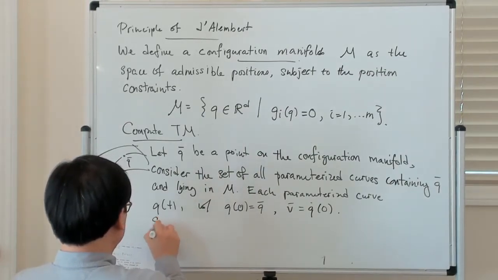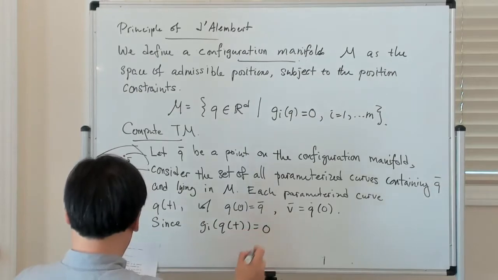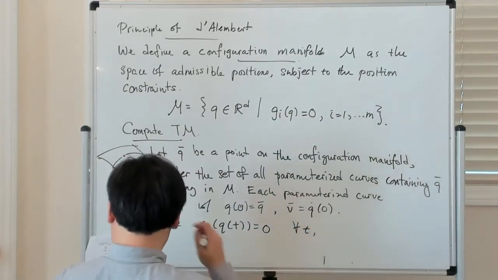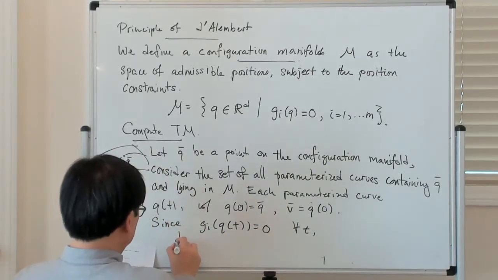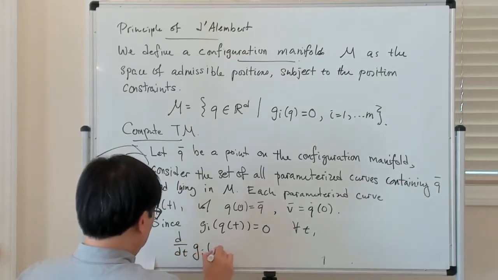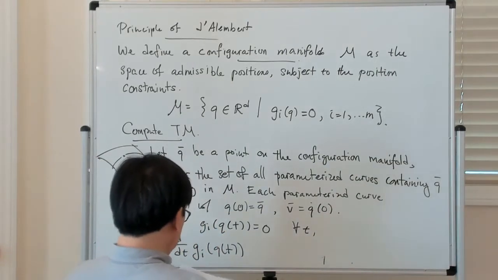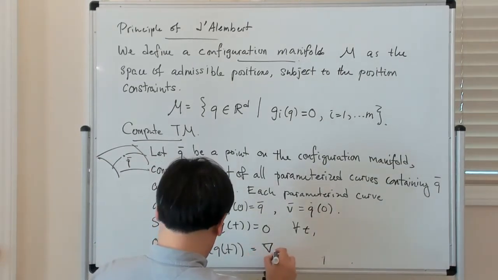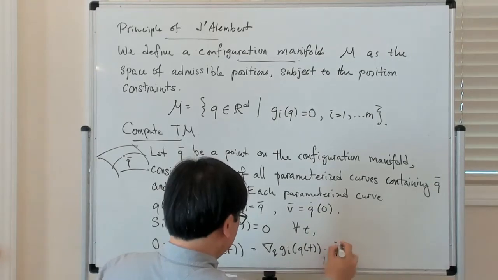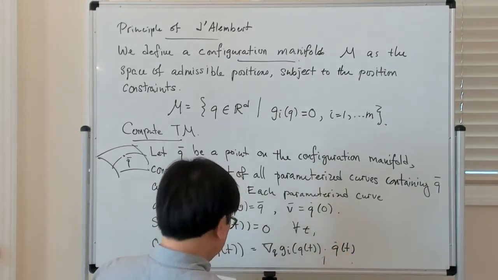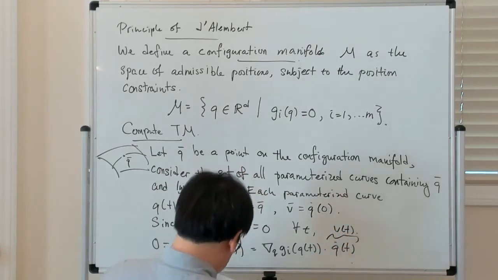Since g_i of Q of t equals 0 for all t, you can differentiate it, and the time derivative has to be 0. So d/dt of g_i of Q of t is equal to the gradient of g_i evaluated at Q of t, dot Q dot of t, or I can write Q dot as V of t, and that has to be 0.